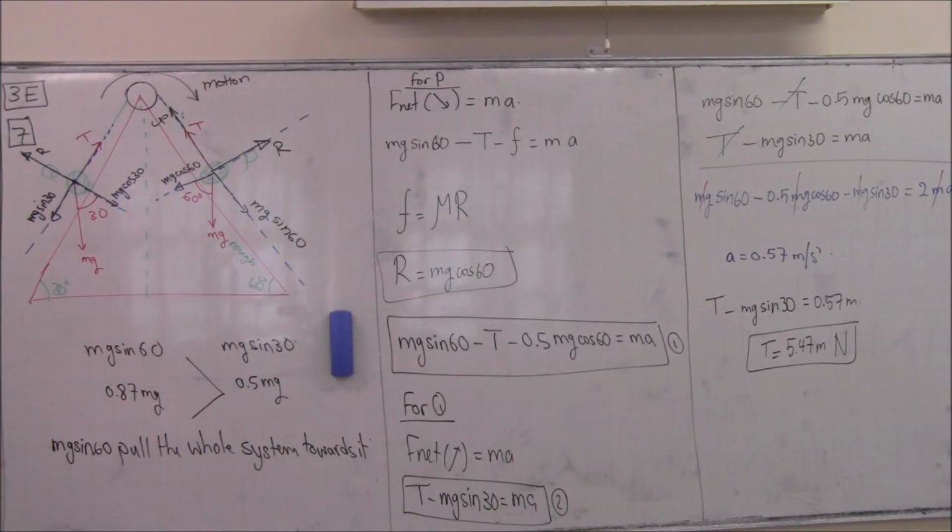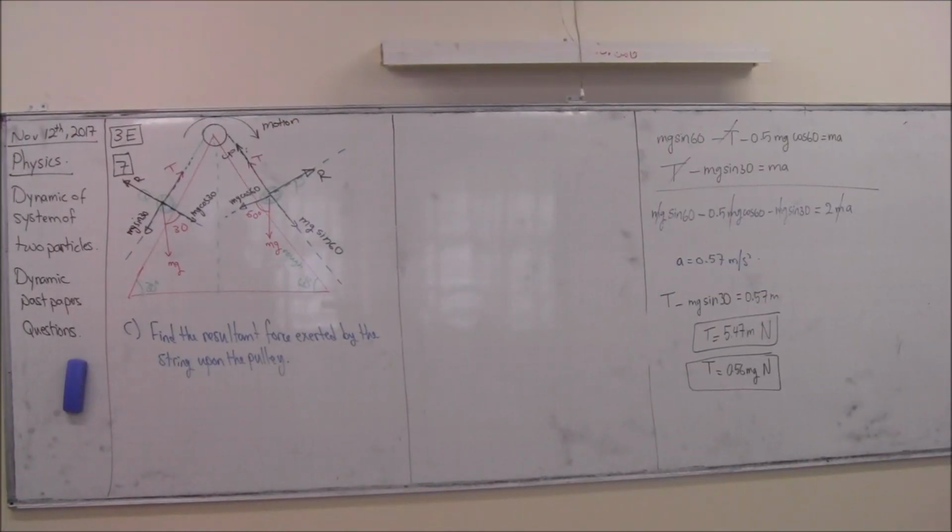Here, I would like to add another part to this question: calculate the resultant force exerted by the string on the pulley. In the exam, we will frequently be asked about this. Right, copy this quickly, please. Pay attention, please.